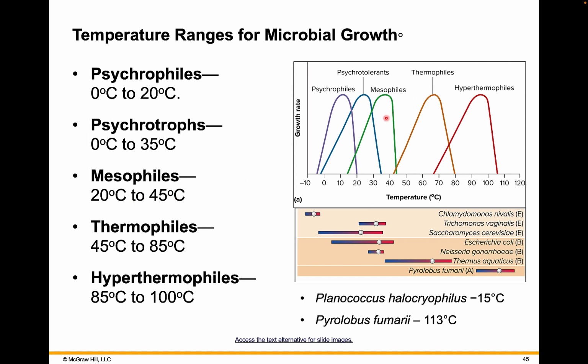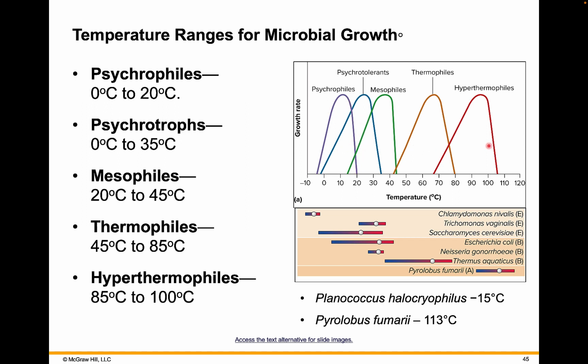Very interestingly, all the pathogenic organisms we encounter are mesophiles, because for humans and mammals the essential temperature is 37, between say 37 and 40 for most mammals, and the mesophiles are the only ones comfortable in that temperature range.